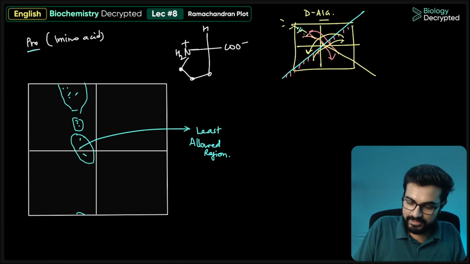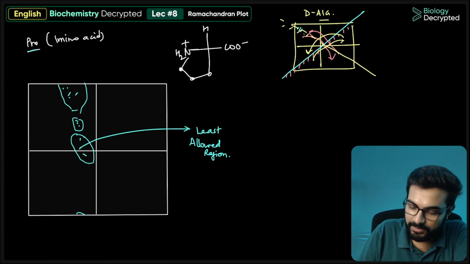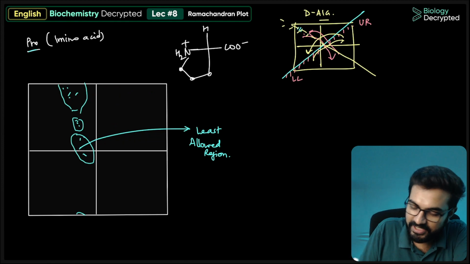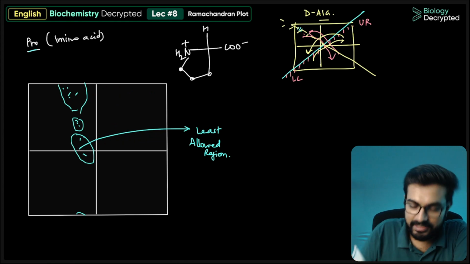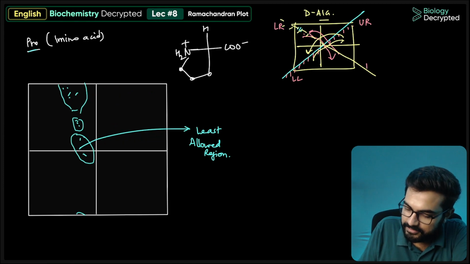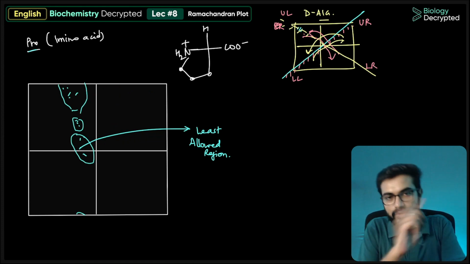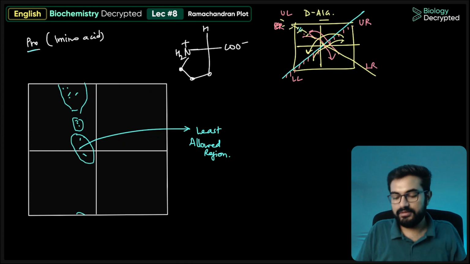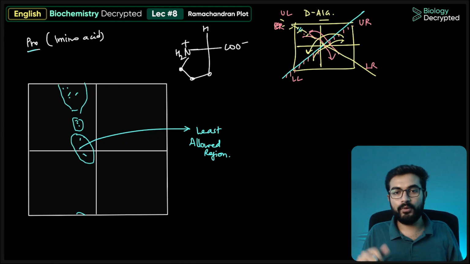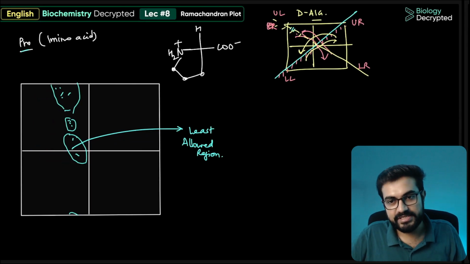You will actually be swapping between these two, that is upper right and lower left. So this will get swapped, and the upper left and lower right will swap, and this is how you will get the Ramachandran plot for D alanine. Try to draw it, and try to verify it, and that's how you do it for D amino acids.